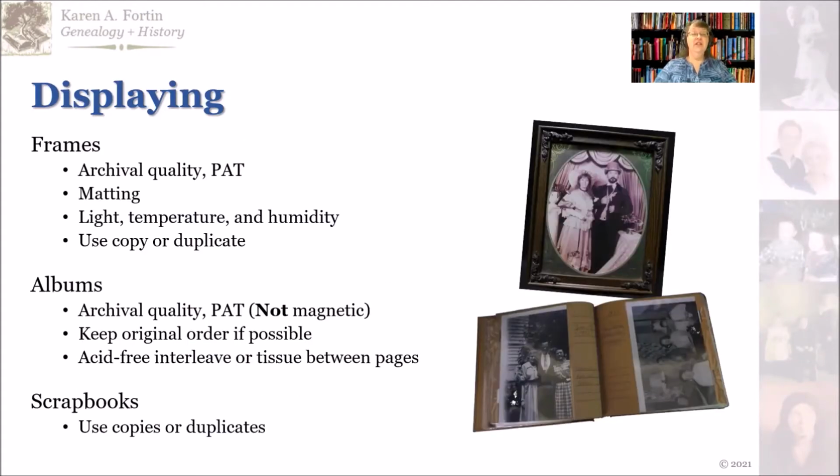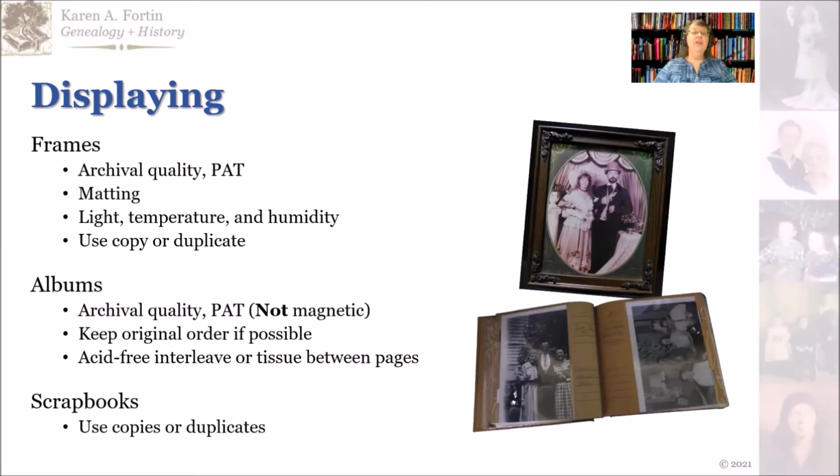If you decide to display the photo, be careful of what materials are used. For example, if you want to frame a photo, make sure that the frame and all of its parts are archival quality and have passed the PAT. They should also include matting. This is to allow a certain degree of airflow between the surface of the photo and the glass or plastic used in the frame.